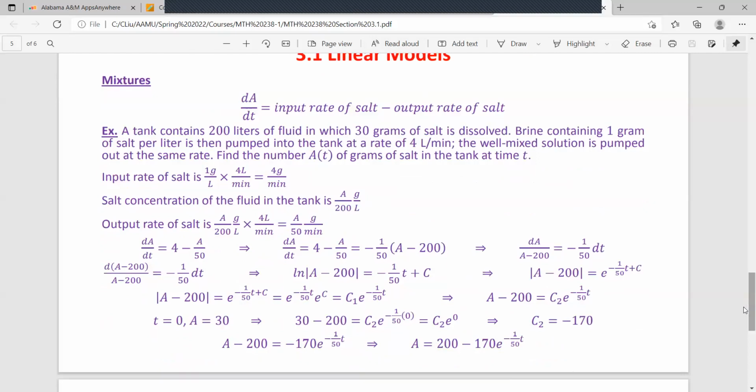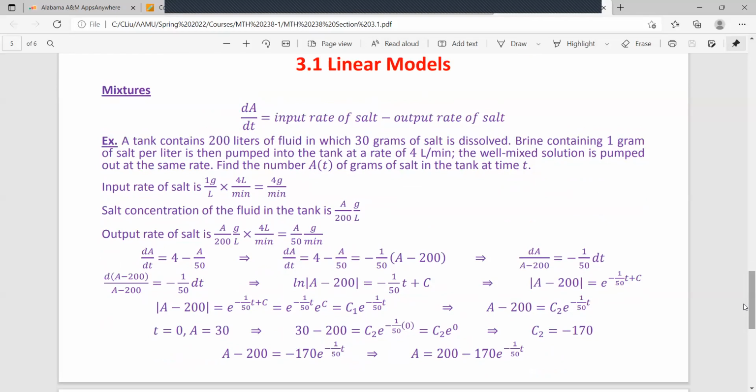So mixtures, okay. That's another real world problem we discussed before. You have a tank with some solution. It has some input and it has some output with flow.